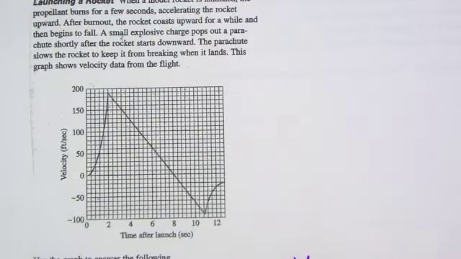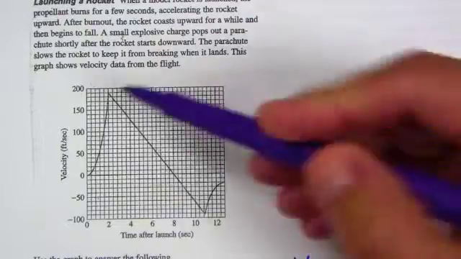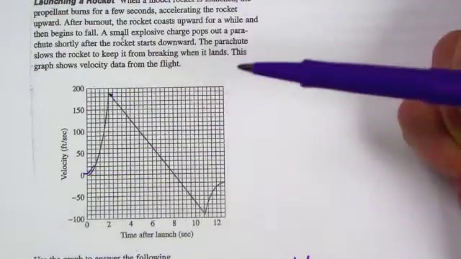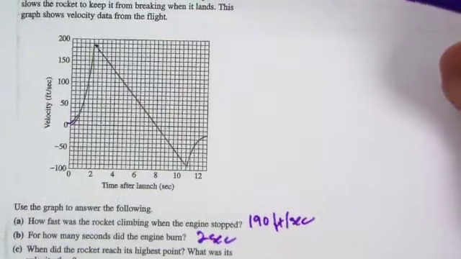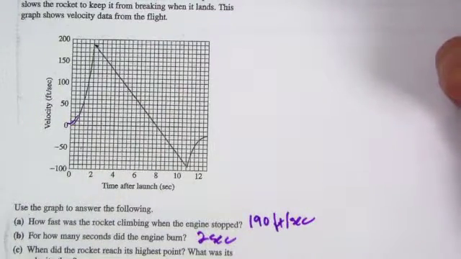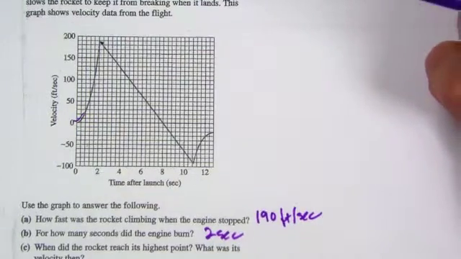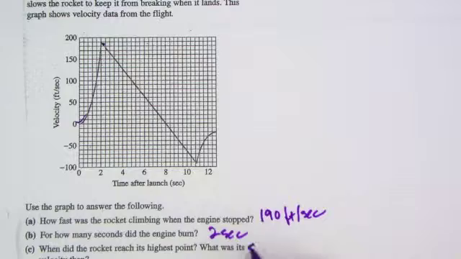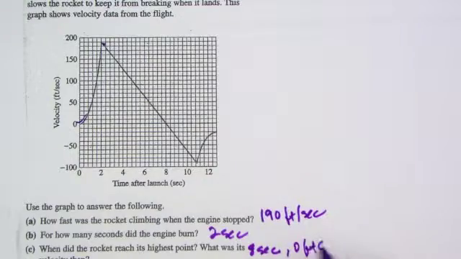Because that's the length of time it took to go from there to the velocity at its highest point. When did the rocket reach its highest point, and what was the velocity then? 8 seconds. Okay, it was at 8 seconds, and its velocity at that moment was 0 feet per second, right?